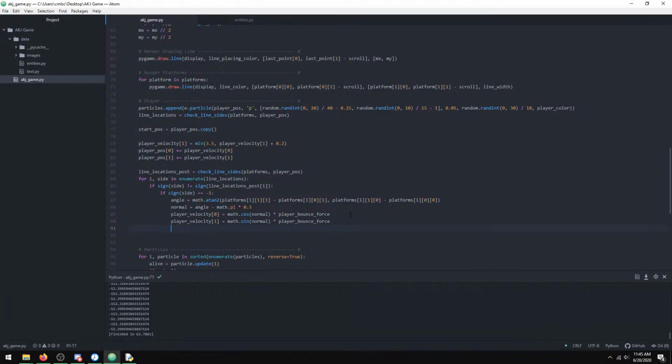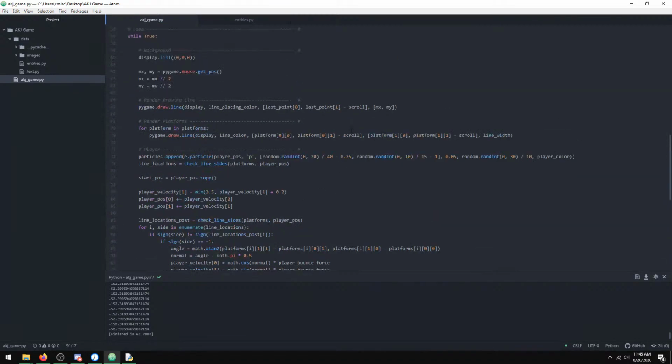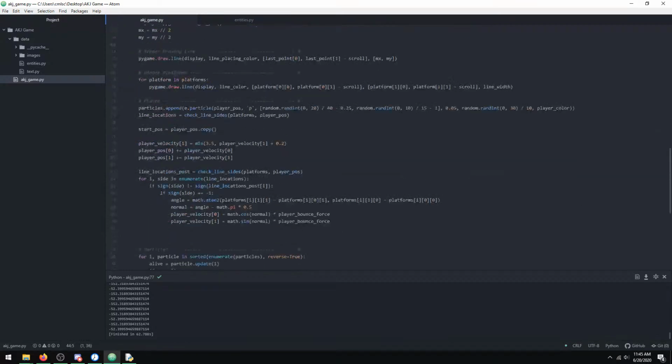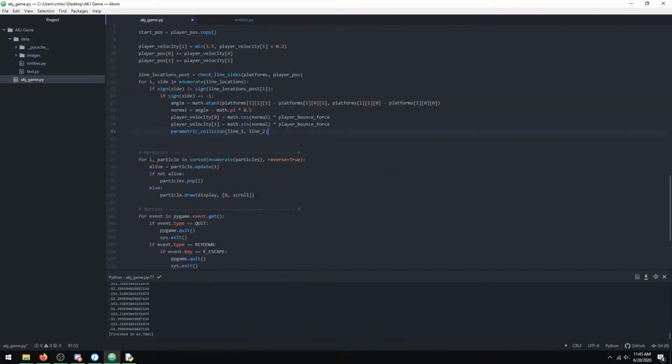Okay, so I need to make a line from the start position to the current position. And then the line that I'm colliding with, so that's easy enough.